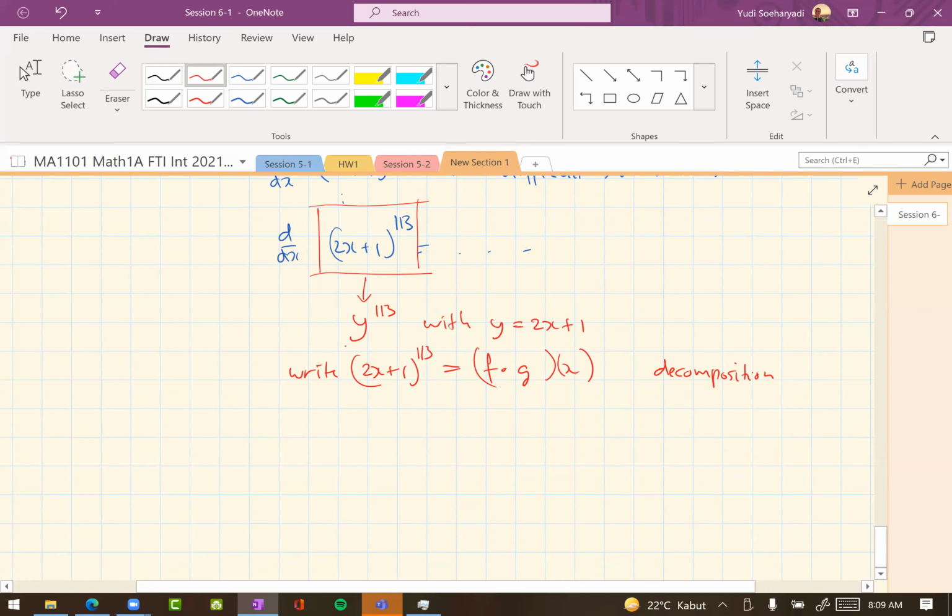If you want to compute a number with this power, what you would like to do here is compute 2x plus 1 first. So this is the first one, g, and then f is raising to some power.